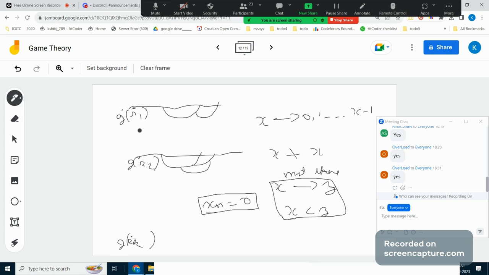Okay, so if you are in a graph, you are at a value x, you can always go to 0 in one move. You can always go to 0, 1 and so on till x minus 1. You cannot go to x. Did you get this part?